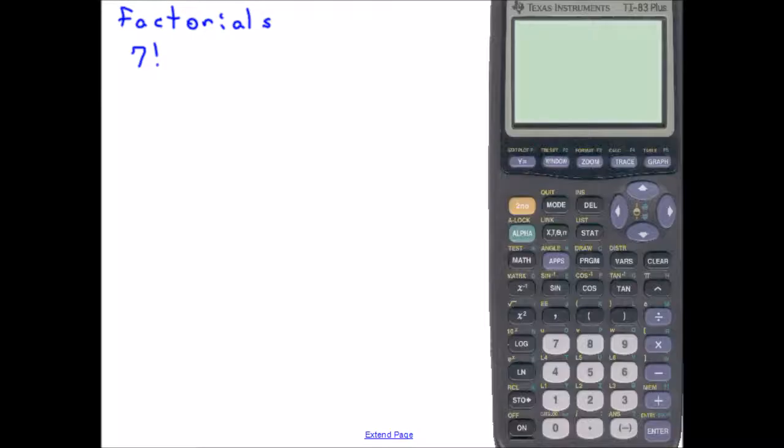To use the calculator, again looking at it using the TI-83, it's going to look exactly like that. 7, then use the math button, arrow over to the PRB, and down to the exclamation mark, the factorial. And you will see 7 factorial. It looks just like what you're supposed to have there. And then your enter. 5040. So that is your 7 factorial.